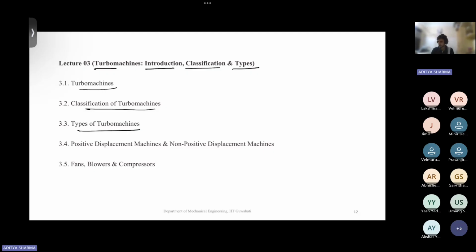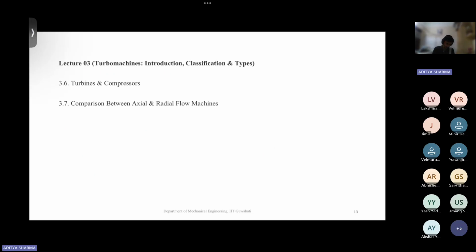Then types of turbo machines: positive displacement machines and non-positive displacement machines. Then fans, blowers, and compressors. Then turbines and compressors. Then comparison between axial and radial flow machines.